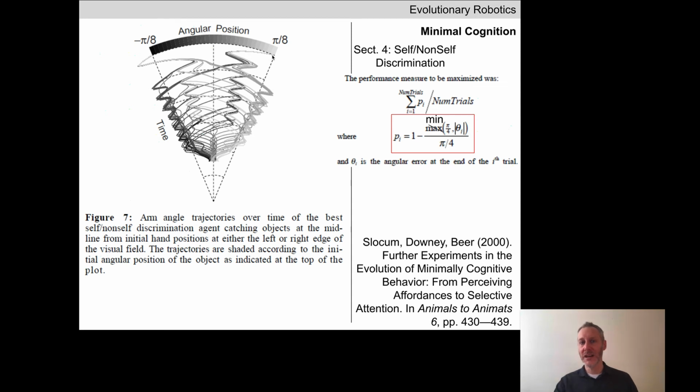We have a dark trajectory, and that trajectory started its descent from over here. What can you tell me about the object and the initial angle of the agent's arm in that situation? Takes a little bit to think through this one. Any ideas?